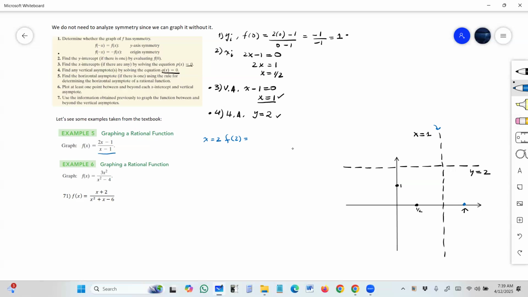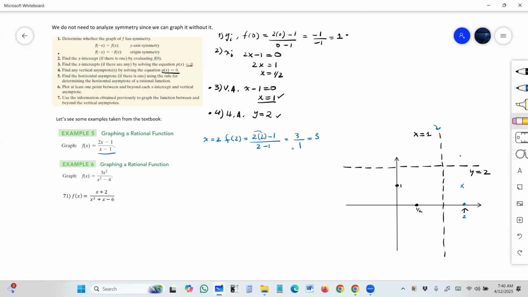So here's the function. 2 times 2 minus 1 is 4 minus 1, 3. 2 minus 1 is 1. So obviously that's 3. So when x equals 2, the function is at 3, which is here somewhere. So the graph is not here.